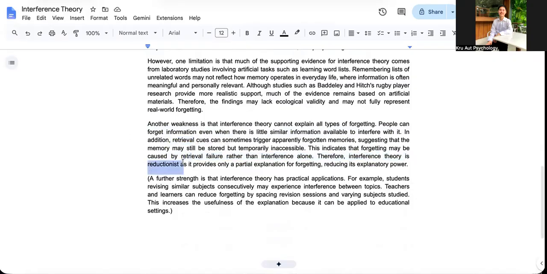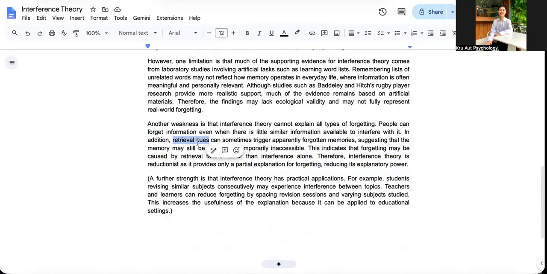So the interference theory is reductionist. And the same when it comes to the retrieval failure question, we can say that's reductionist because we also have interference theory, and so on, reducing its explanatory power. This makes the weakness perfect when you bring in something else and explain it a little bit, but the entire paragraph is not about retrieval failure.